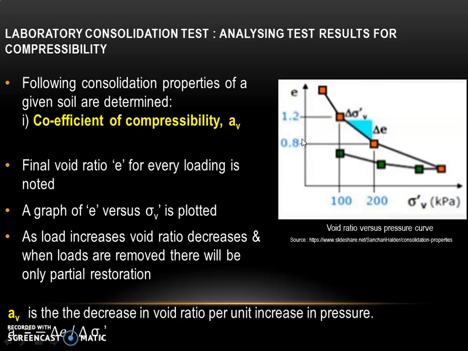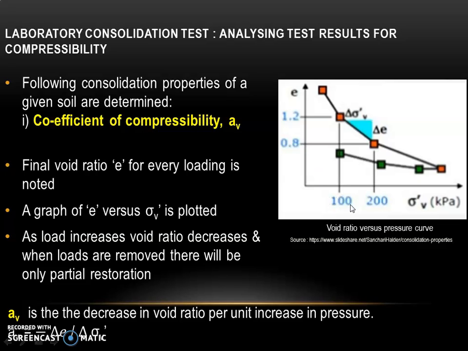Suppose at 2 points we consider void ratios of 0.8 and 1.2, so Δe will be 1.2 minus 0.8. Similarly, to find Δσv', that is the change in effective stress, we will mark the corresponding effective stress for the void ratios which we have considered.